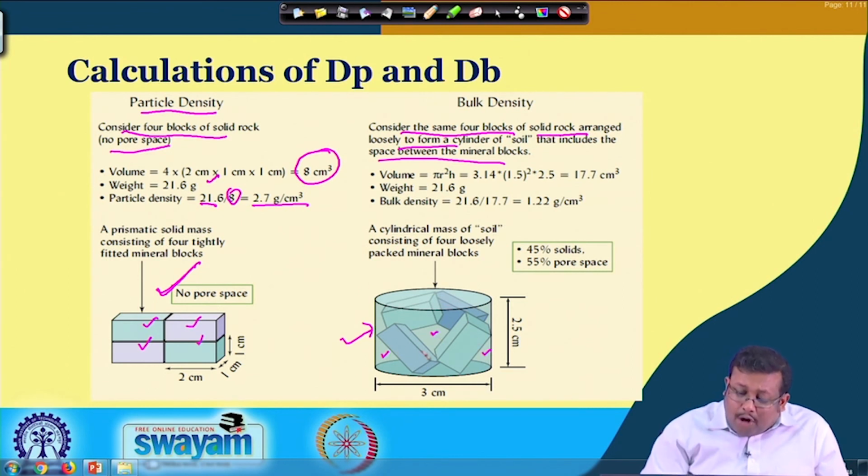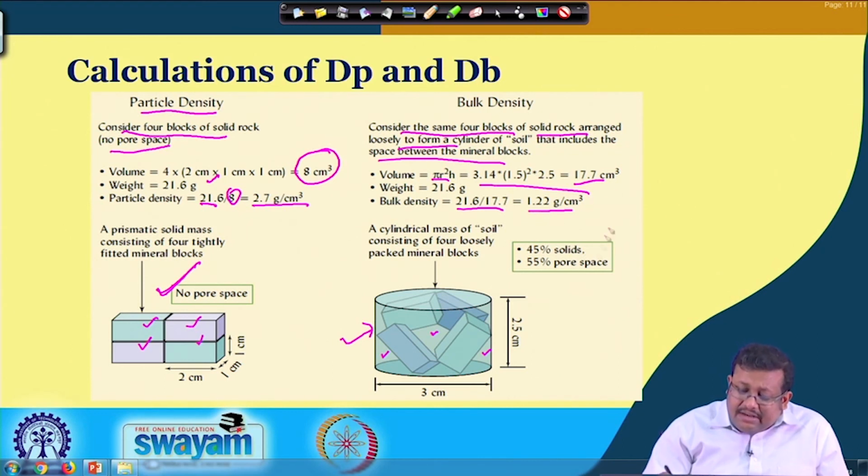The total volume of the cylindrical soil is pi r squared, which you can calculate as 17.7 cubic centimeter, and the weight is the same, 21.6 gram, because pore space does not contain any weight. So bulk density is 1.22 gram per cc.